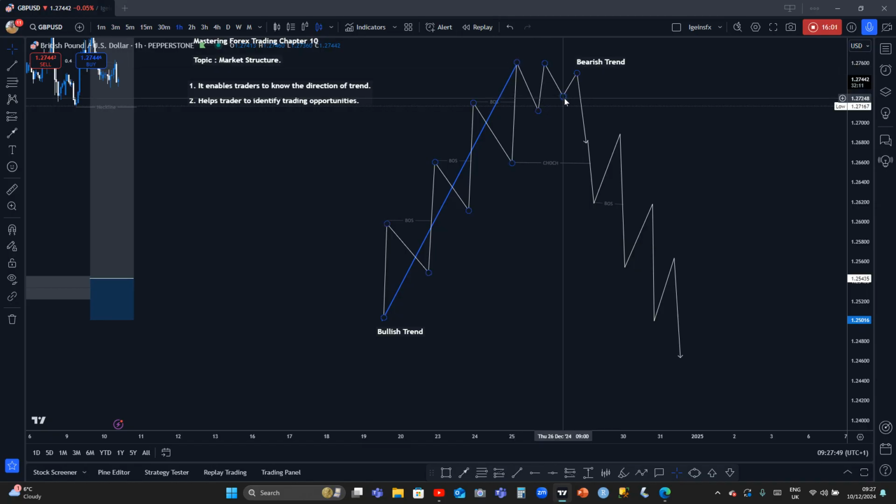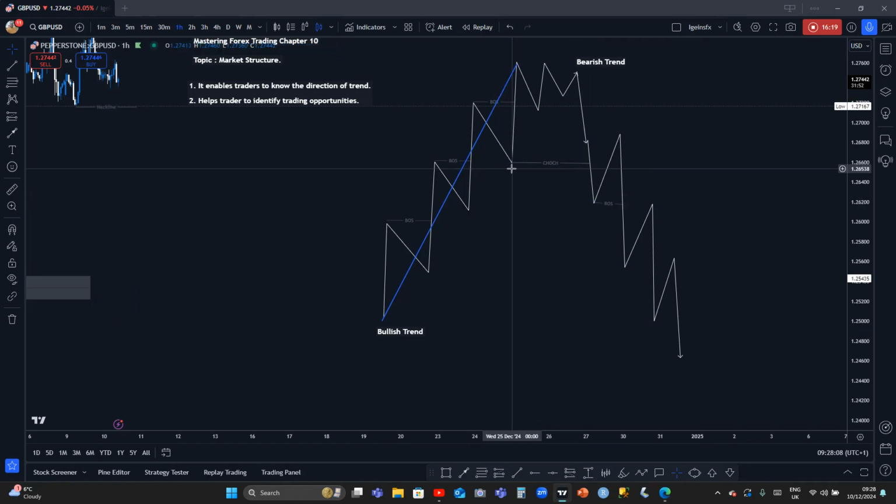It will come down, create a low, then create a little high. Before you know it, there will be a sharp push to the downside that will take this place as a liquidity. So it's a trap. Then you now see that this last support level has been taken.